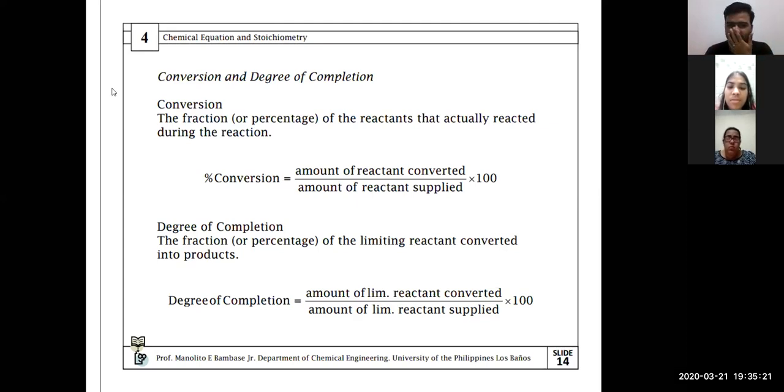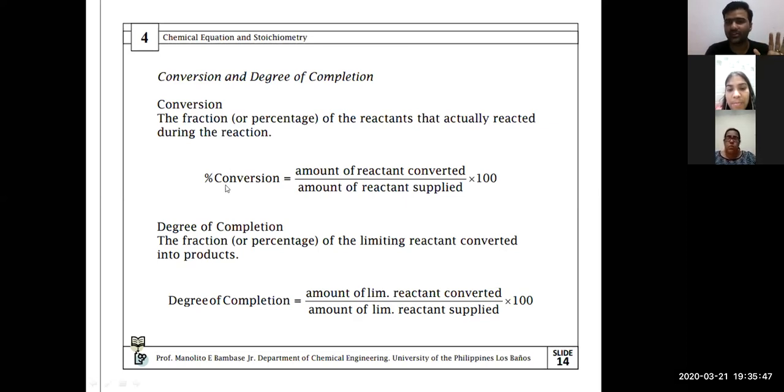So how is percentage conversion defined? It is only defined as the amount of reactant that is converted divided by the amount of reactant that is supplied. So if you've supplied, say, 10 milligrams of the reactant while setting up a reaction, and all of the 10 milligrams has been converted, irrespective of what it has been converted to, you would say that the reaction is going with 100% conversion, right?